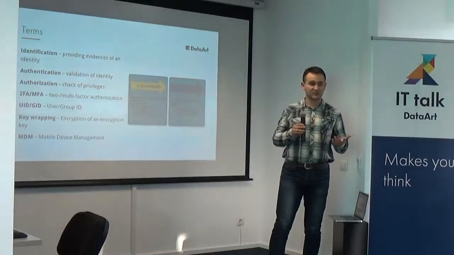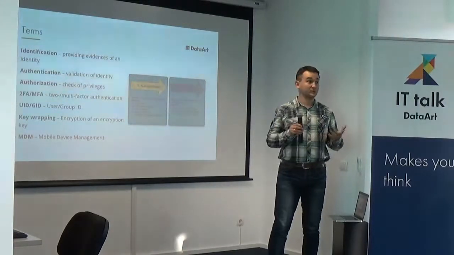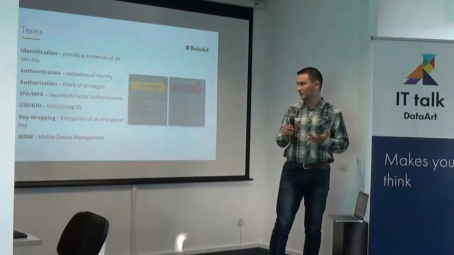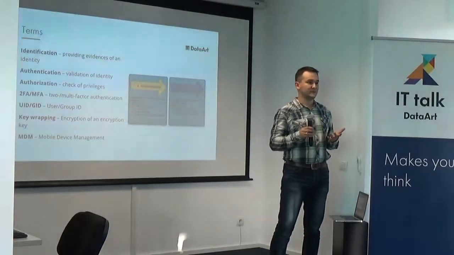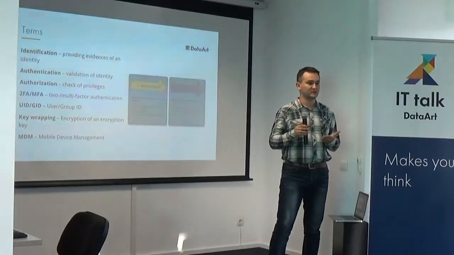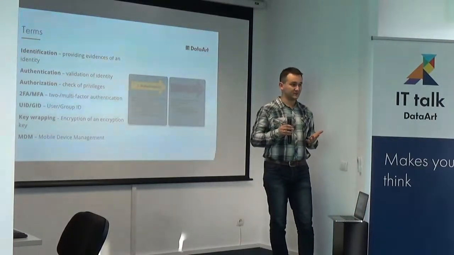And authorization, it is the check of privileges. After authentication, we may be eligible or not eligible for accessing a particular part of the system. If we are not eligible for that, we will see an error saying that our access to this functionality is denied.